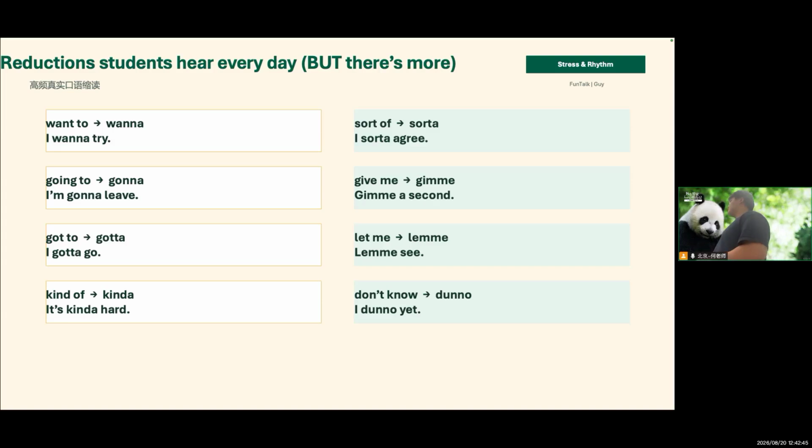These ones are very common, so you've seen them, so you can pick it up, you can learn it fast, right? But I'm gonna show you that there's a system, there's a pattern that you can see. Okay, so you guys have seen this before? Like, I'm gonna, I wanna, you know that? Yeah, okay.